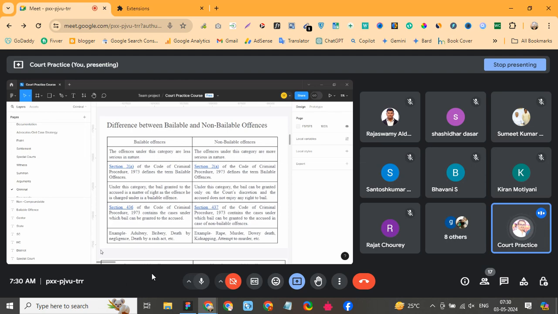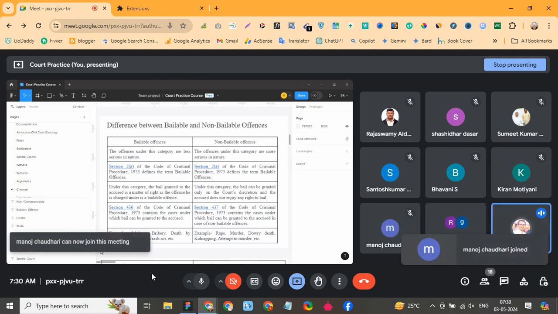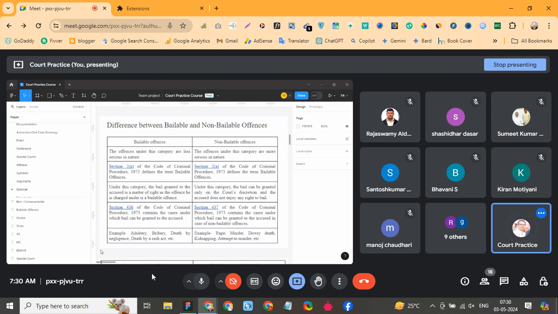So in a bailable offense, if any person is arrested, in the court of law that person should be granted bail, and in this scenario that person has a right to bail.